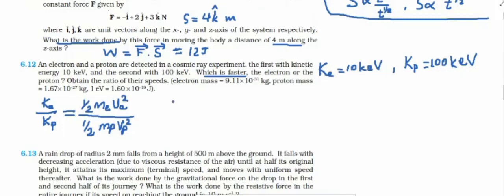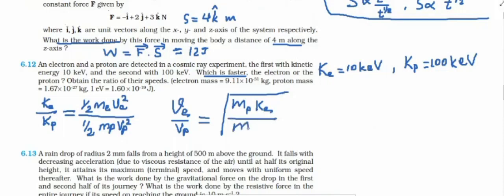Then v by vp is equal to under root mp Ke divided by me Kp.